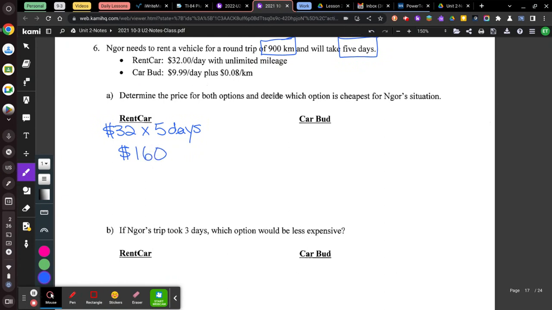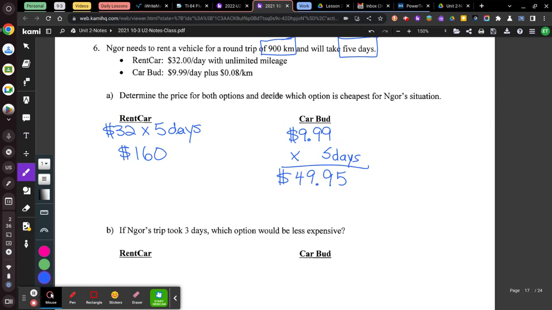Now, CarBud, it says you're going to charge $9.99 per day, so almost $10 a day. And this is all before tax, times 5 days. And that's going to give us $49.95.